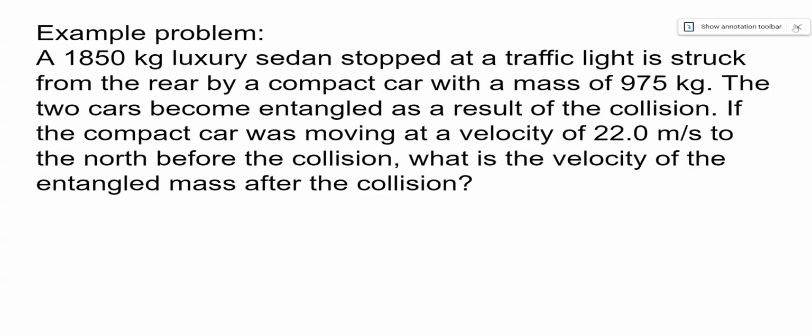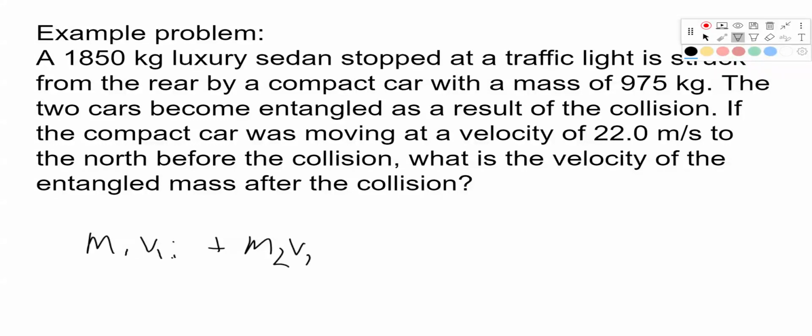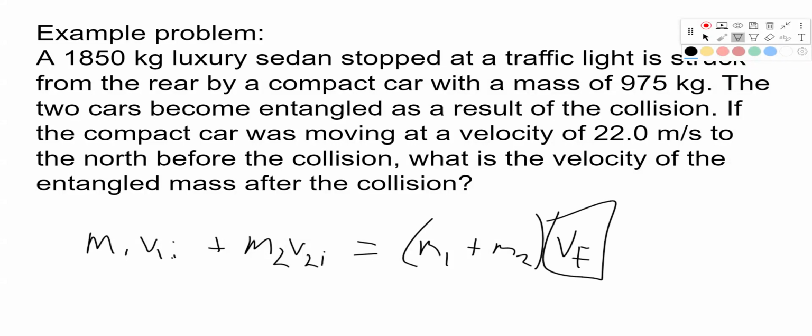All right. So let's start by identifying our equation that we're going to use. We're going to use that perfectly inelastic collision equation from the previous page. So that's going to be mass of 1, velocity of 1 initial, plus mass of 2, velocity of 2 initial. And it's going to equal their masses combined times their final velocity. We can identify that we are looking to find velocity final.